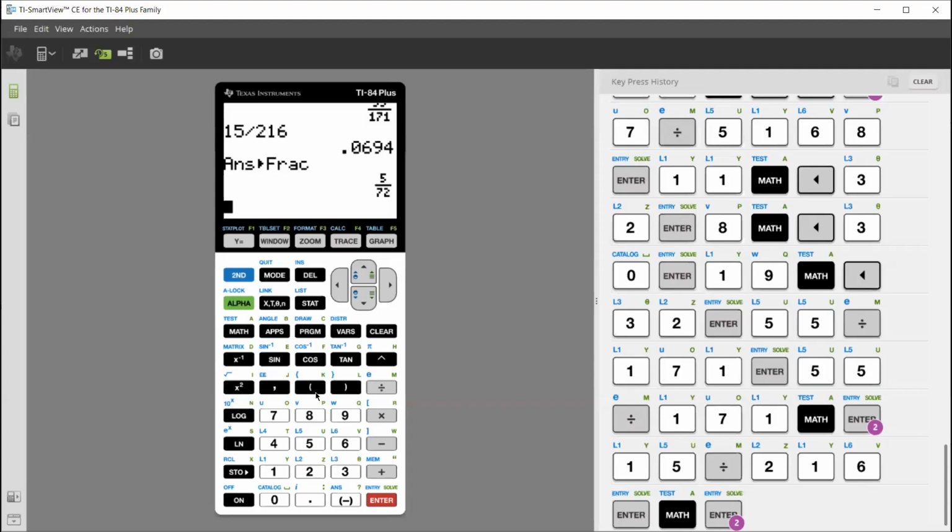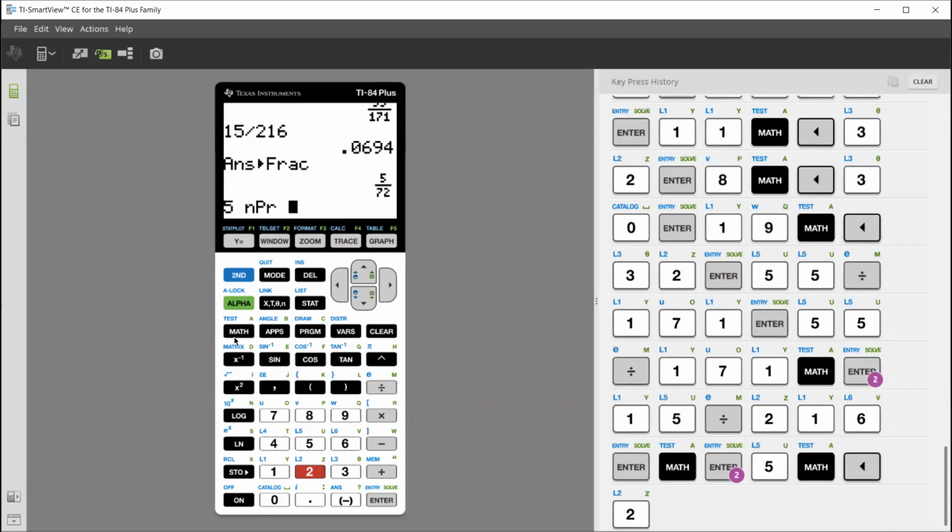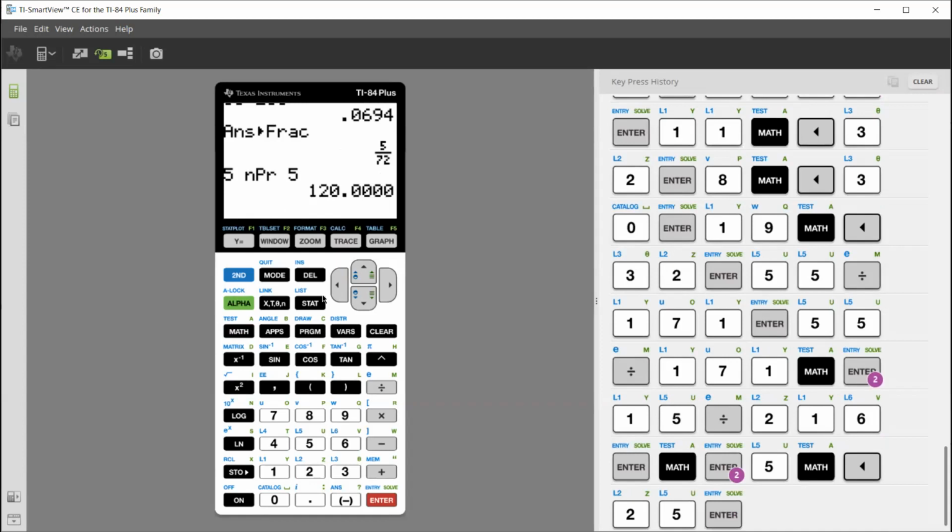Let me show you something here. We haven't done this for a minute. I'm going to use the permutation key to show you the difference. This is permutation. 5 permute 5 is 120. This is when order matters, okay?